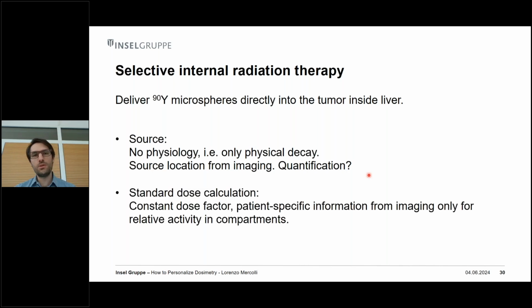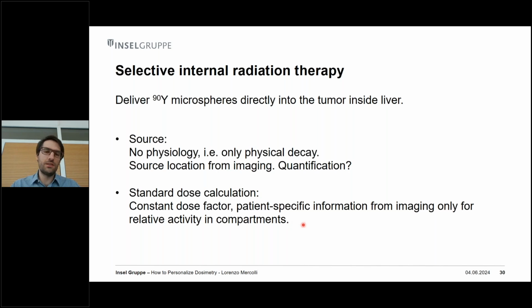Now, what we do in CIRT, the standard way to compute the dose, is to use a constant dose factor. So it's just yttrium-90, a certain amount of activity in a given volume. We can convert that with a constant factor to grays, to a dose. However, we will still need patient-specific information because we usually want to estimate the dose in the different compartments.